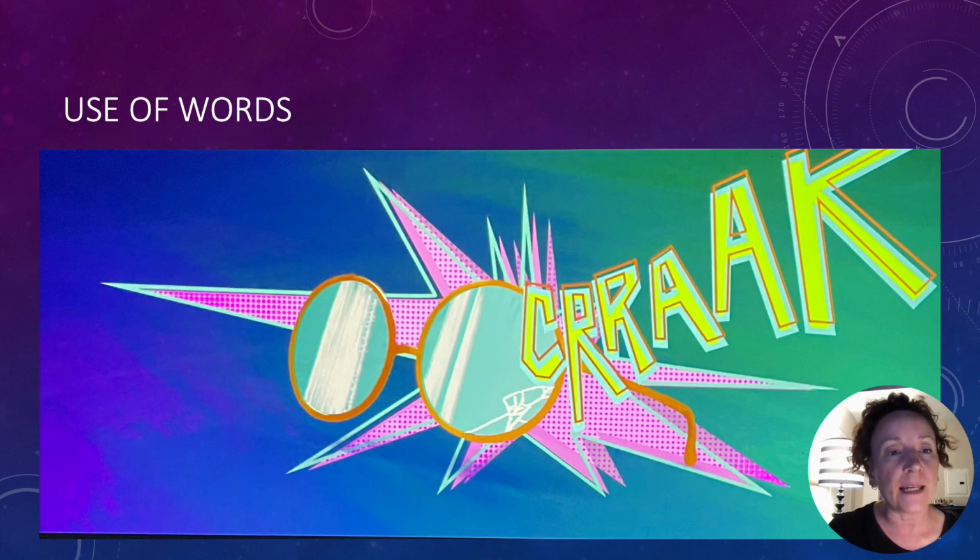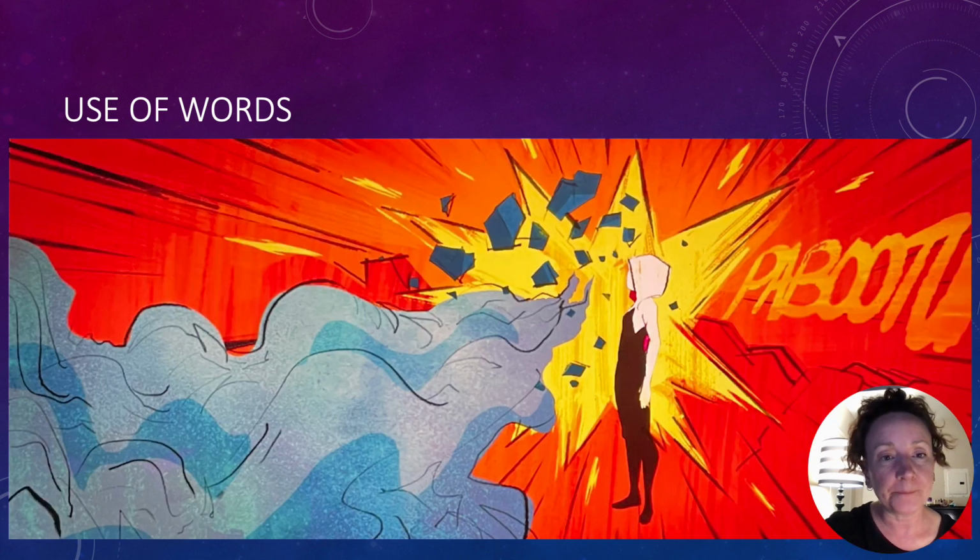Here again, he or she, I think it's she, cracks her glasses. So we've got the crack, and we've also got the shape. These are just quick little things, but they help to reinforce. It gives us a sense of not just the sound and not just the visual, but also the words. It gives us this multidimensional depiction of what's going on.